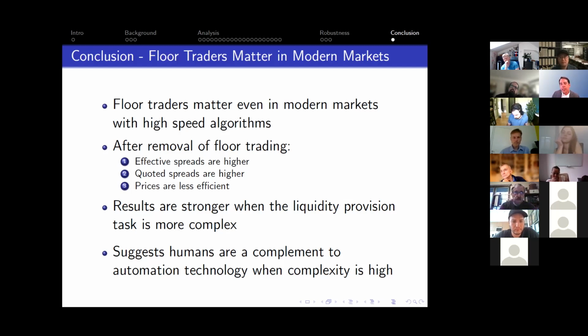But you wouldn't expect that to be a permanent effect. As floor traders were removed, and this gets back to what Peter and others have said, you might expect algorithms to adjust and compensate such that floor traders no longer mattered, and we don't see evidence of that. So to me, it gets back to the idea that there is something these human beings can do that cannot be automated, at least with technology so far.